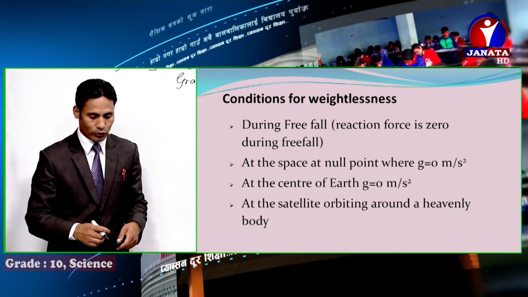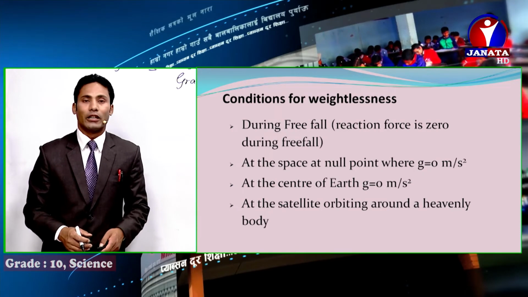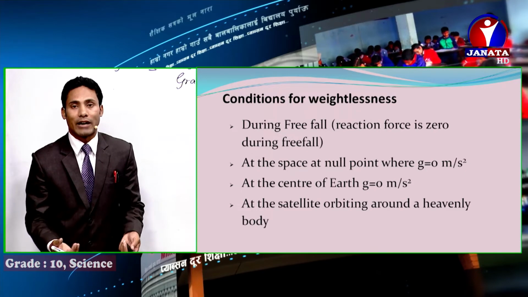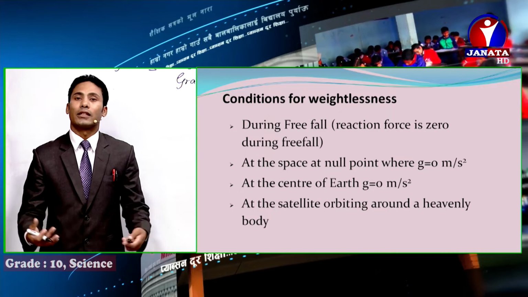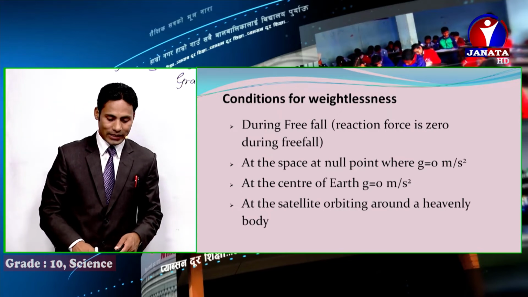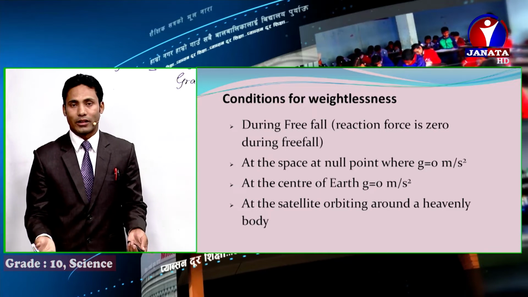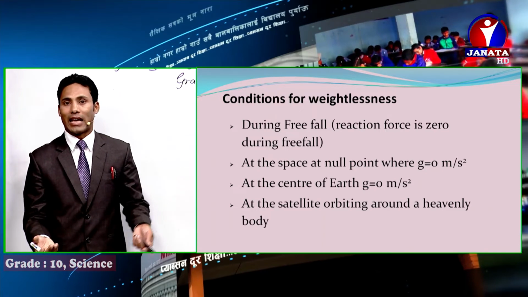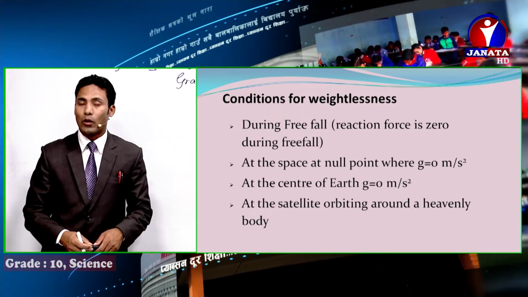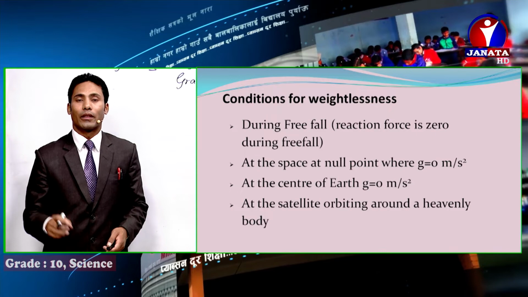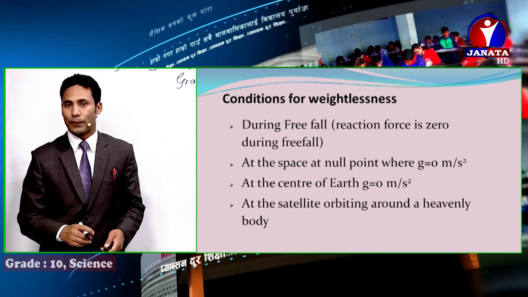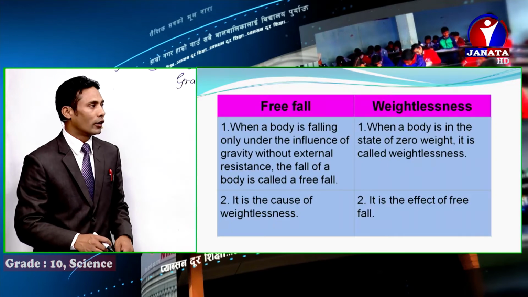Similarly, at the null point, that means in space where the influence of gravity is 0, or where the acceleration due to gravity is 0, weightlessness takes place. And at the center of Earth, the acceleration due to gravity is 0. We have proved this previously also, right? And similarly, on a satellite orbiting the planet, the weight of the object will be 0. So these are the conditions for weightlessness.